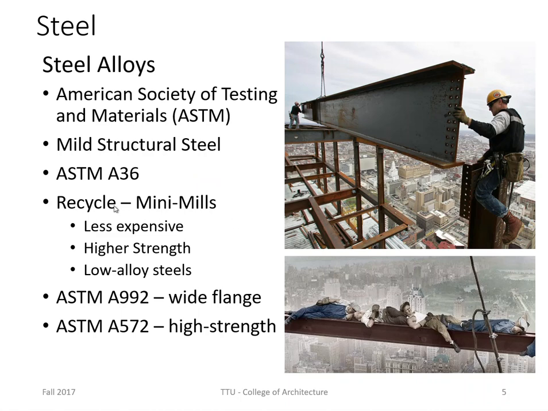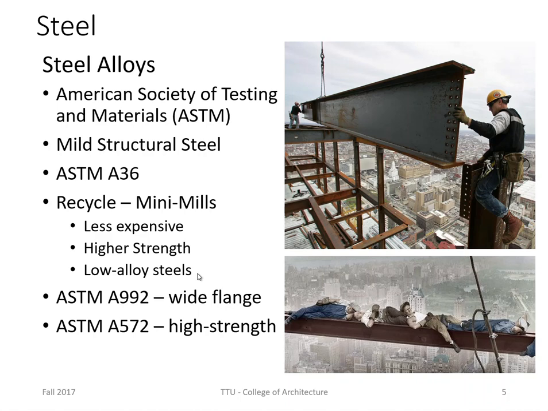Then they set the standards also for recycled steel, done in mini mills. And when they do it in mini mills, it's usually recycled steel that is less expensive and of a higher strength because it's gone through really a second process of removing impurities. And then it's a low alloy steel normally.